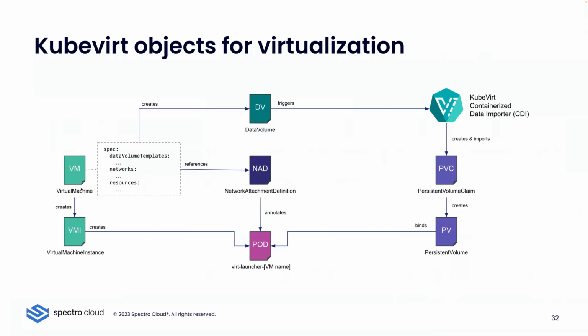And when this VM is started, a virtual machine instance resource is created, which only exists as long as the VM is actually running. And this resource will cause a virt-launcher pod to get spun up, which actually runs the VM process, which is QEMU itself. The pod gets CPU and memory reservations to limit how much it can consume.